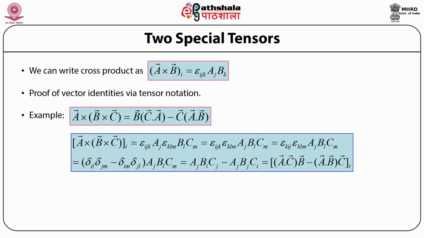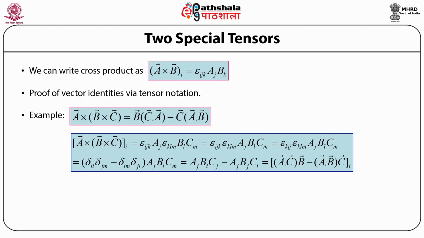This result we have obtained using the definition of the cross product that we have defined above, and then this can further be written as epsilon subscript i j k times epsilon subscript k l m times a subscript j times b subscript l times c subscript m, and this is equal to epsilon subscript k i j times epsilon subscript k l m times a subscript j times b subscript l times c subscript m.